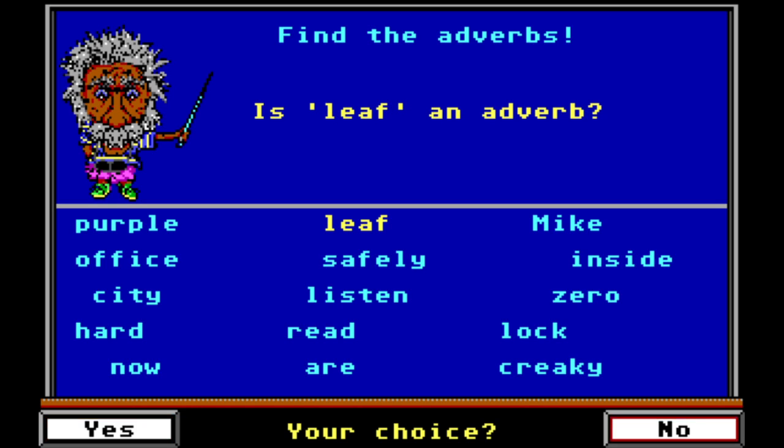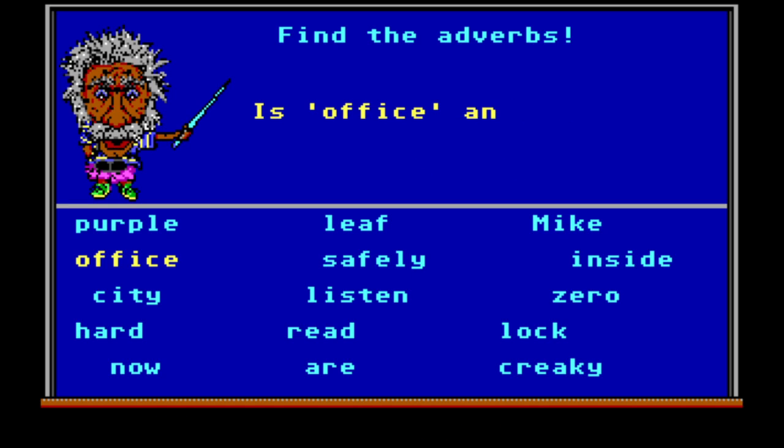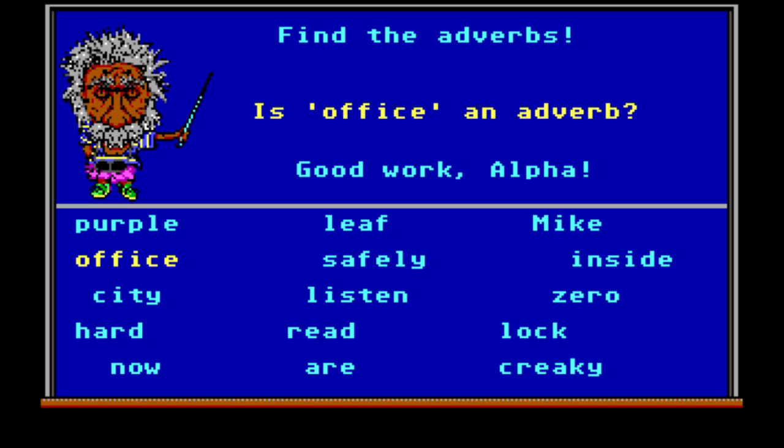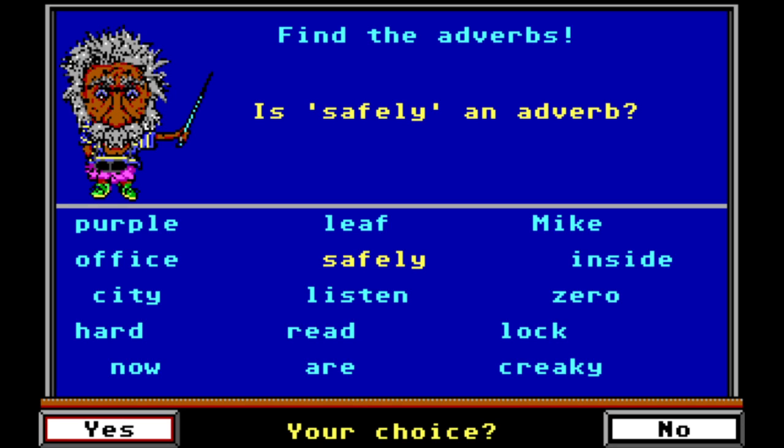Leaf is a noun. Mike is a noun. Office is a noun. Typically, anything ending in ly would be an adverb. Inside. I almost want to say noun, being a place of sorts.